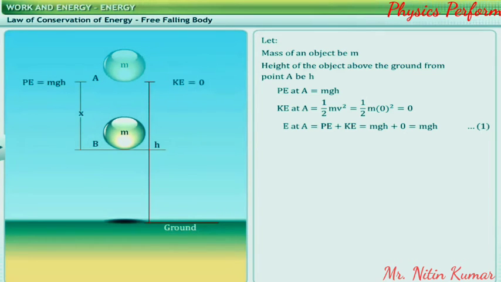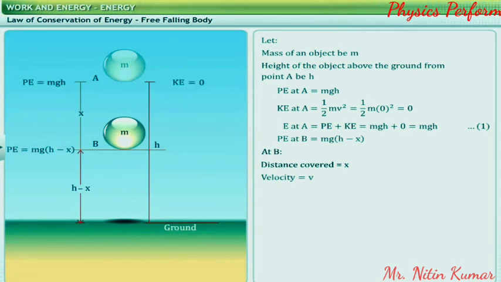When the body is falling down, consider a point B at a distance x from A, the initial rest position. Here, the height of the body becomes the difference between h and x, and we get the potential energy as mg multiplied by h minus x. At point B, the body has covered a distance x.